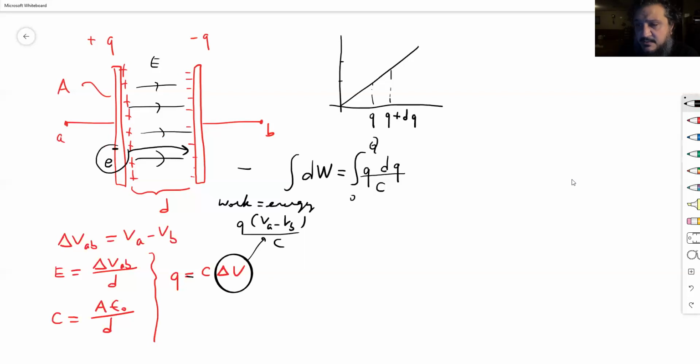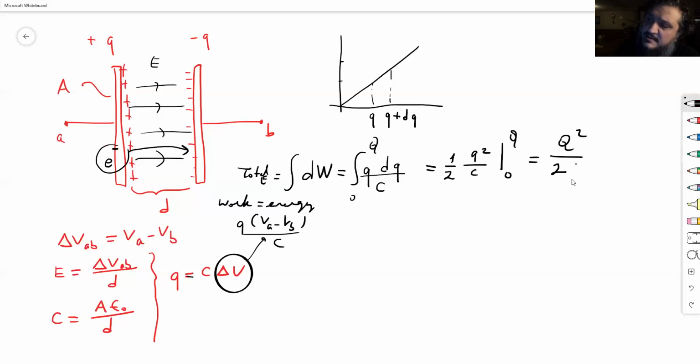Total energy. So Q dQ will be 1 over 2 Q squared over C. If you plug in the limit from 0 to Q, you will get Q squared over 2C. Let's call this U.